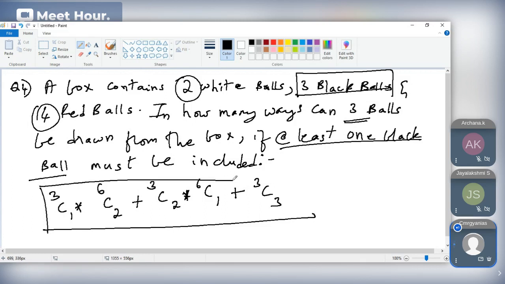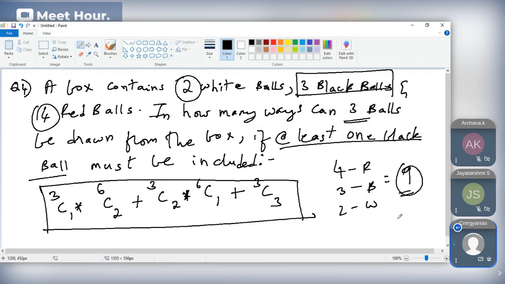Did you understood the logic? In the question, I have totally how many? Four red balls, three black balls, two white balls. So totally we got nine balls.